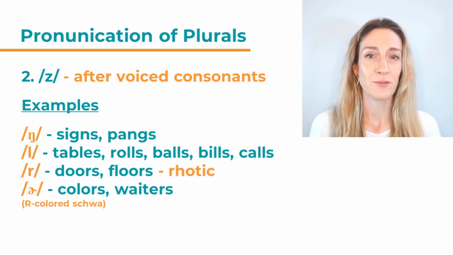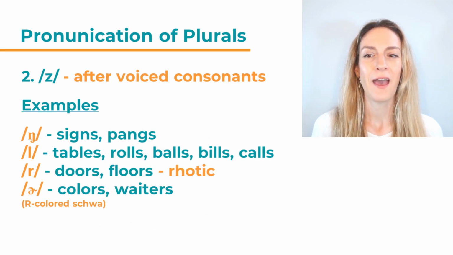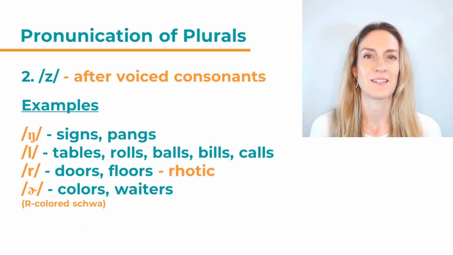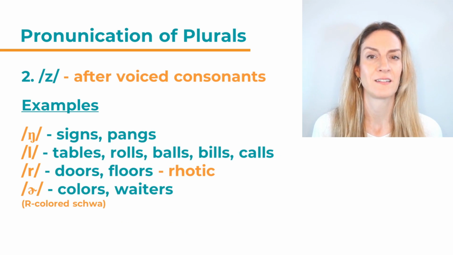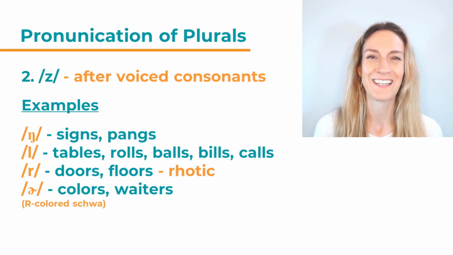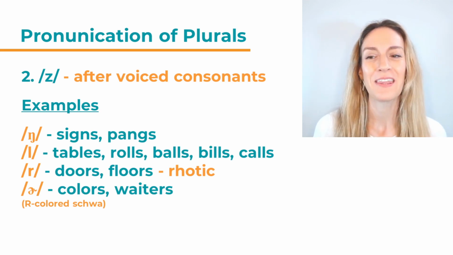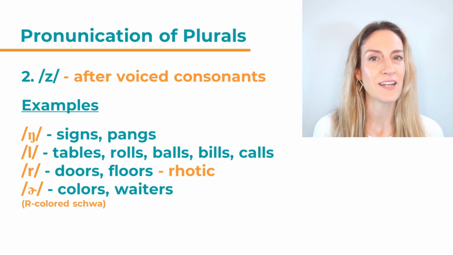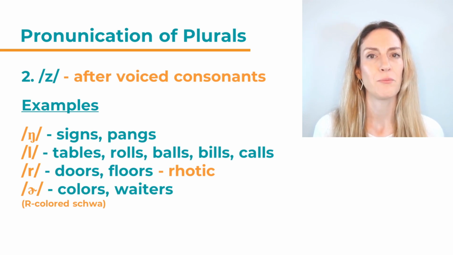And I said to you already, there are some more because there are lots of voiced consonants. We have ng as in signs, pangs. There are not that many nouns ending in ng, I couldn't think of more, so I only have 2. And then we have the lateral l: tables, rolls, balls, bills, calls.